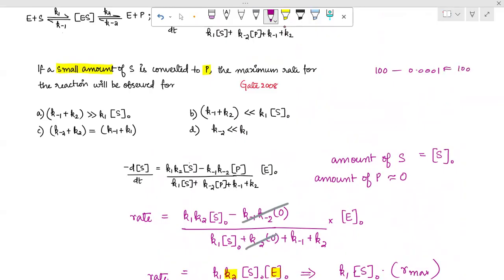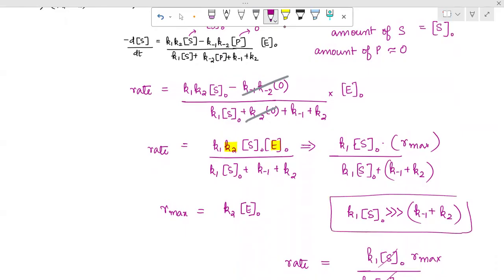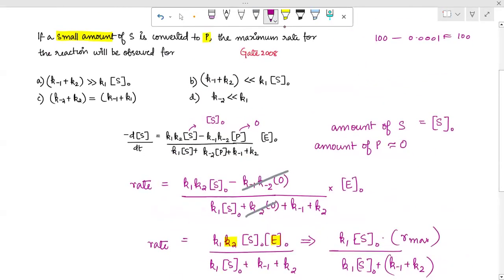So we have taken the concentration of S as S0 and the concentration of P as nearly 0. And to get R is equal to R max, we'll put this relation. K1 S0 is very much higher than K inverse plus K2, and hence our correct answer is option B. K1 S0 is very much higher than K inverse plus K2. Correct answer is option B.